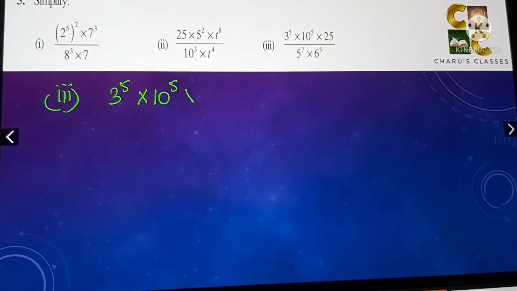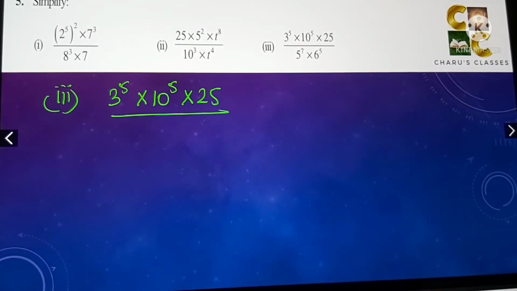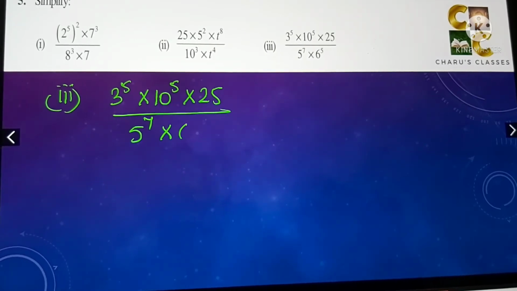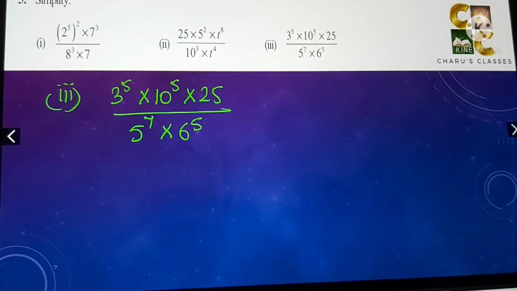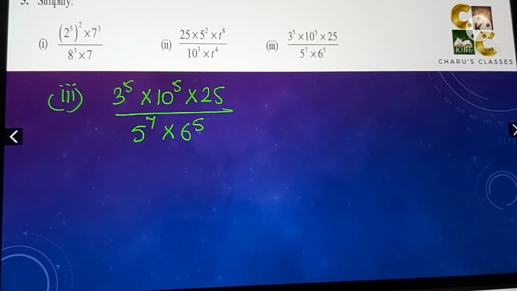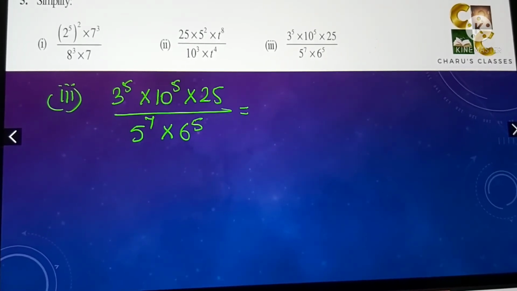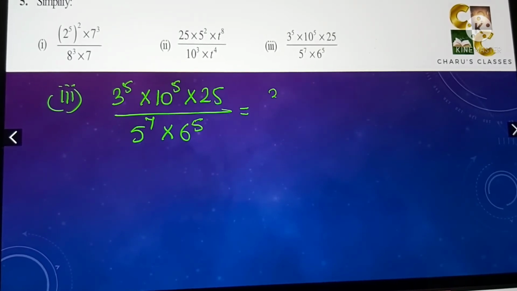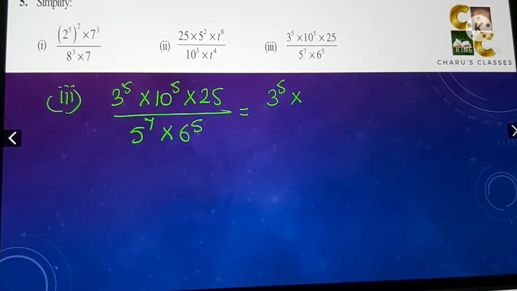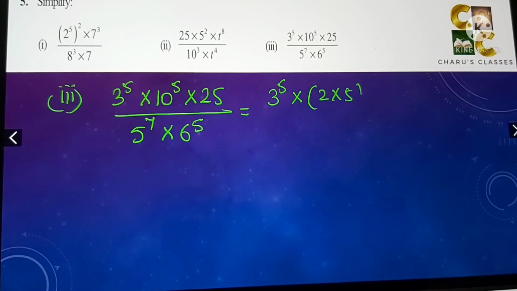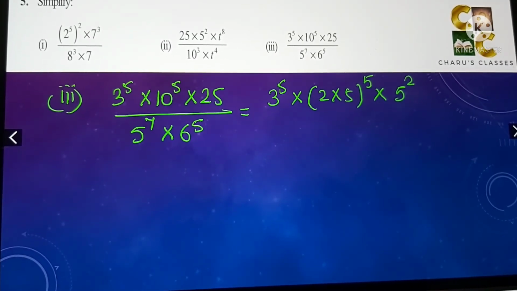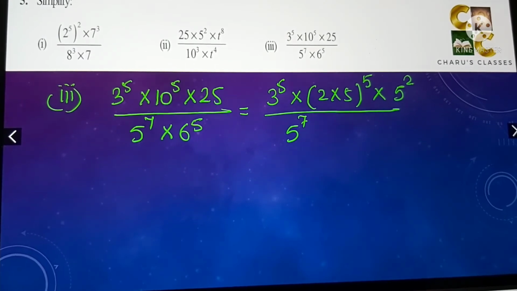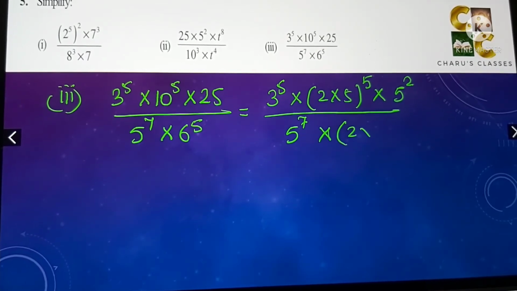Third part, 3 to the power 5 into 10 to the power 5 into 25 by 5 to the power 7 into 6 to the power 5. Here 10, 25 and 6 are all composite numbers, so we will write them in the form of powers of their prime factors. 3 to the power 5 into 10 can be written as 2 into 5 to the power 5, and 25 can be written as 5 to the power 2.